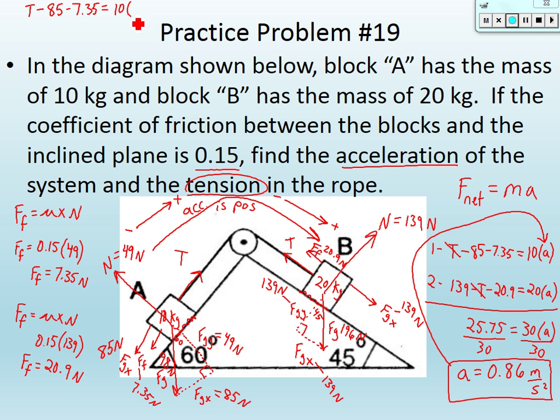And since we know what a is now, it's 0.86, I'm going to plug that in. So 10 times 0.86 is 8.6, equal to t minus 85 minus 7.35. To get t by itself, I need to add 85 and 7.35 to both sides. So 8.6 plus 7.35 plus 85.